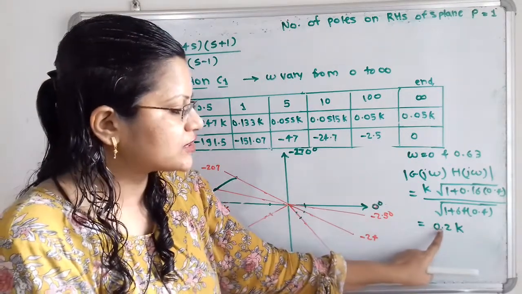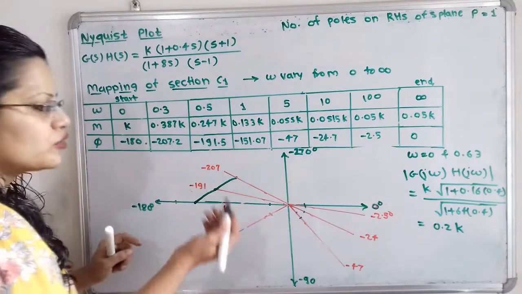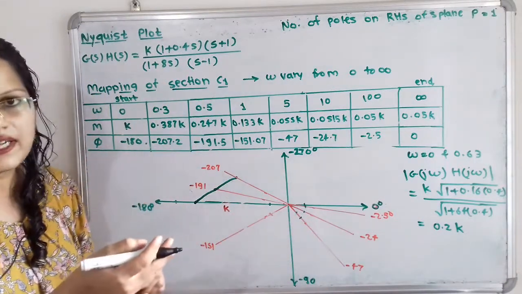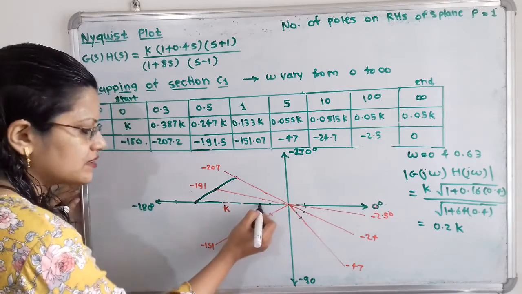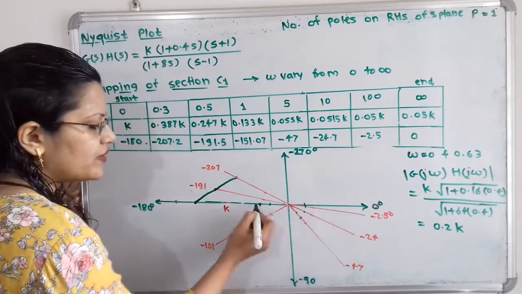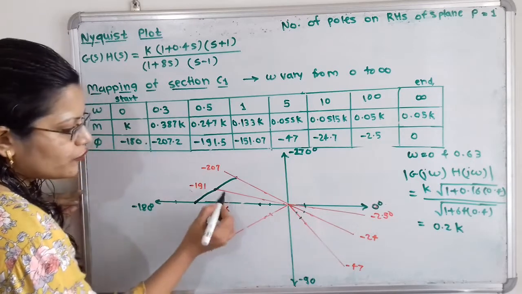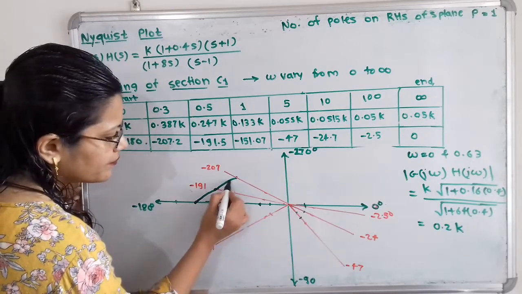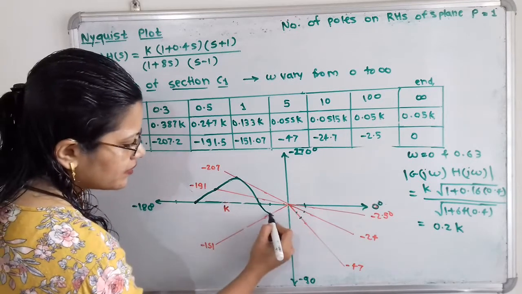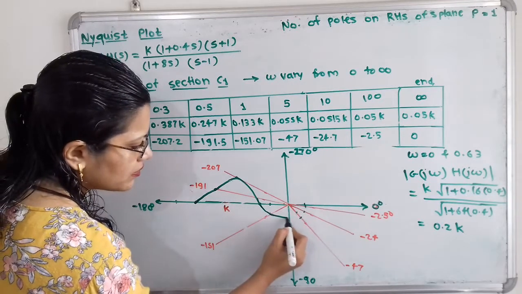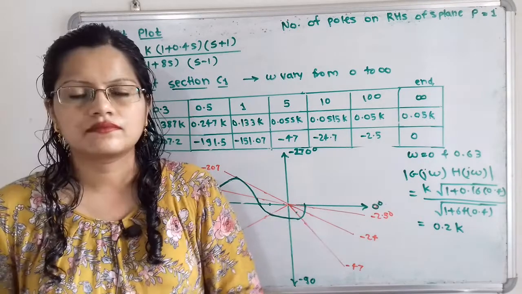The point of intersection is 0.2 K. So 0.2 multiplied by 10 is 2 centimeters. So from here we will take the 2 centimeter distance, and this point will be the point of intersection on the real axis. We have to move here, it's a smooth curve, and then we will join all these points.